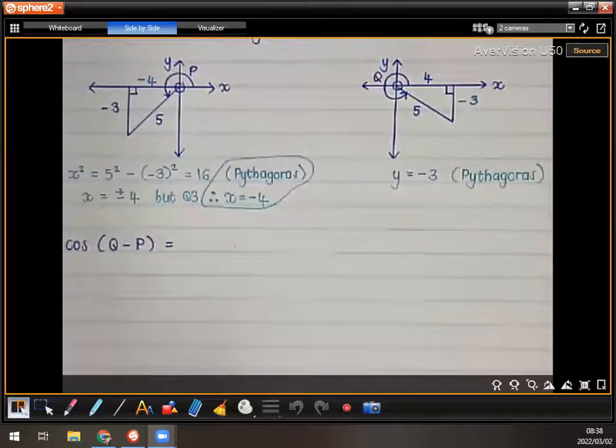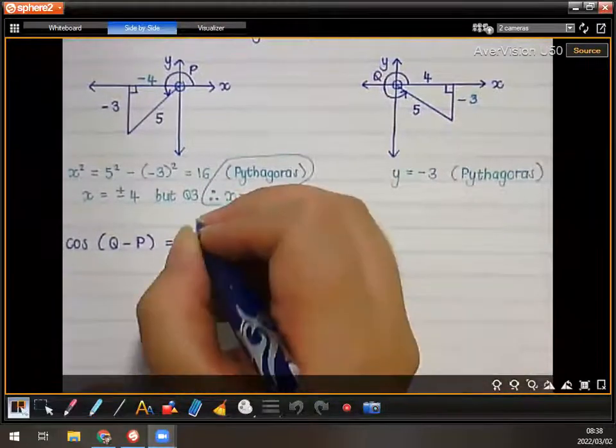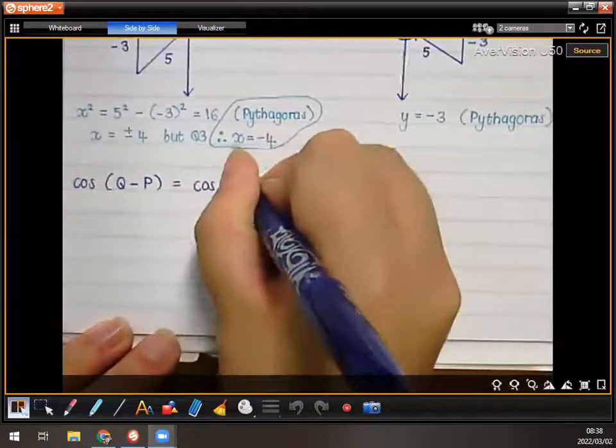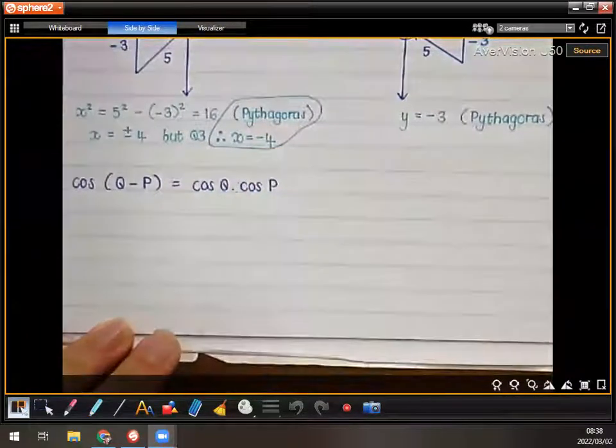But before I can use my triangle, I have to expand this using my compound angle identity. So cos of q minus p is going to be cos q times cos p.